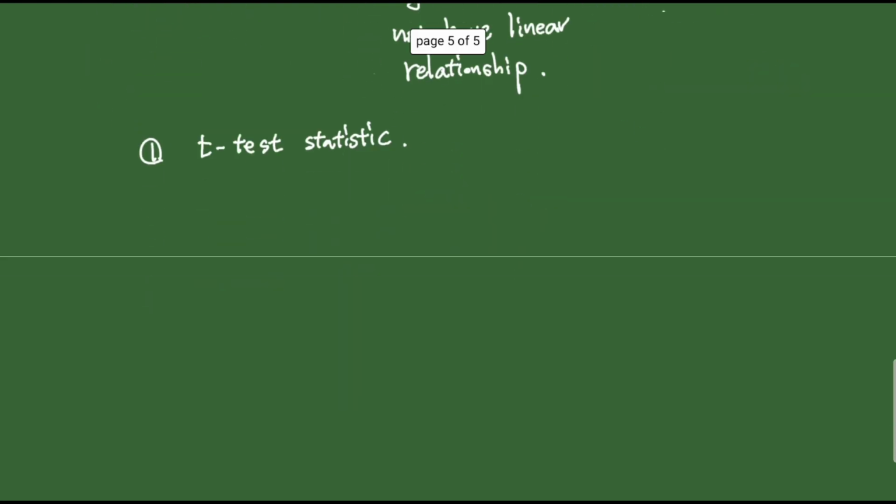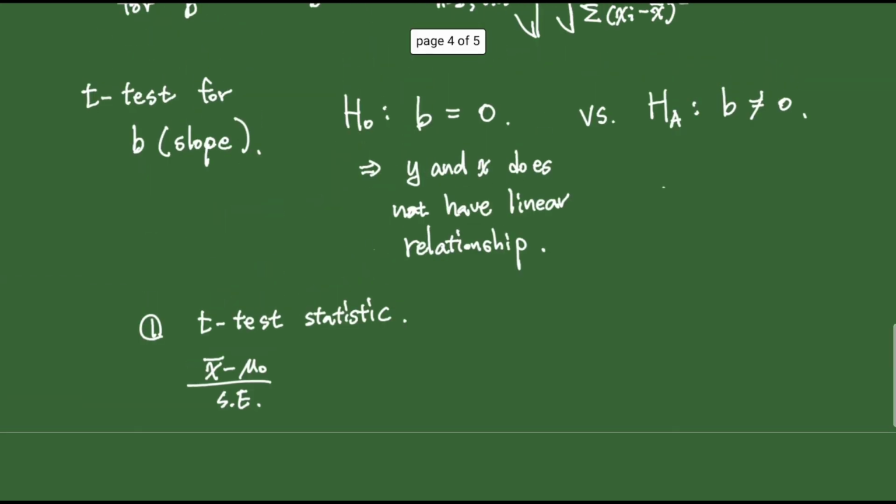And this t-test statistic was x bar minus mu 0 over SE, but in this case now we already know what it is. So the t-test statistic is b hat, right? In the t-test we put x bar, since x bar follows the normal distribution with mean mu and standard deviation sigma over the square root of n.